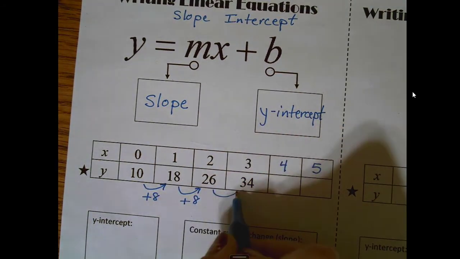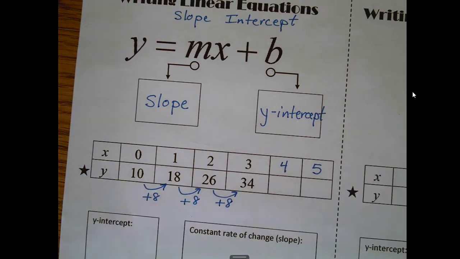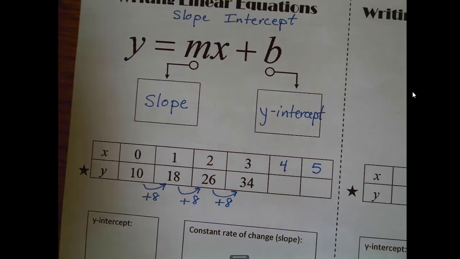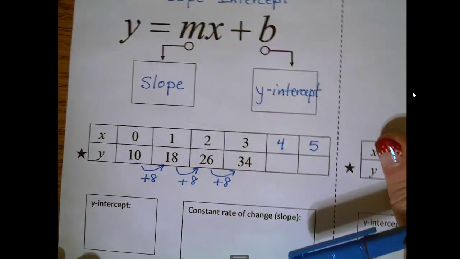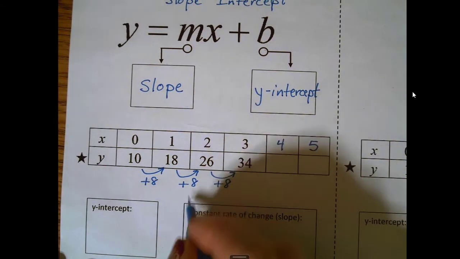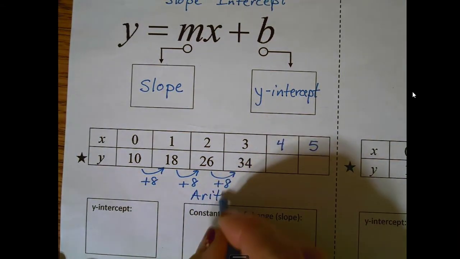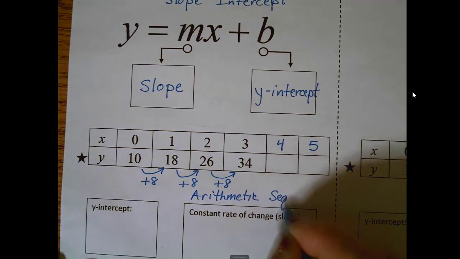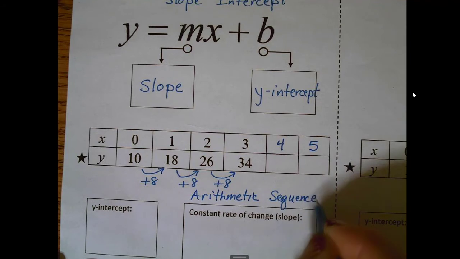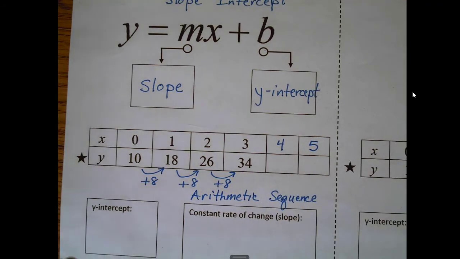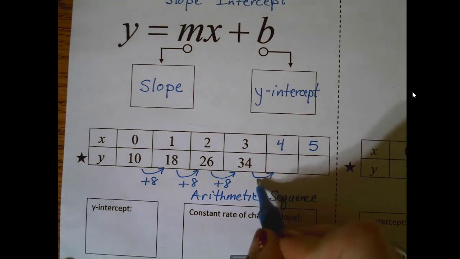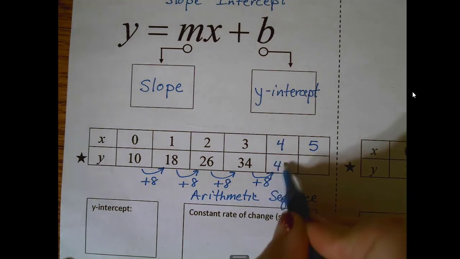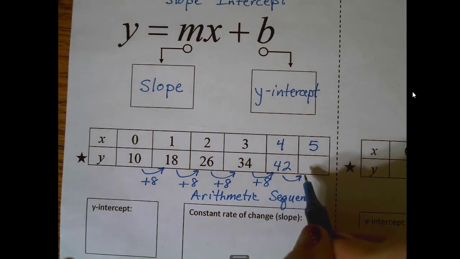And we need to make sure that that's happening each and every time. This is called an arithmetic sequence, and we'll get that written down. And so based on that pattern, I can get my other numbers. So we'll keep adding 8 and get 42, keep adding 8, and we get 50.